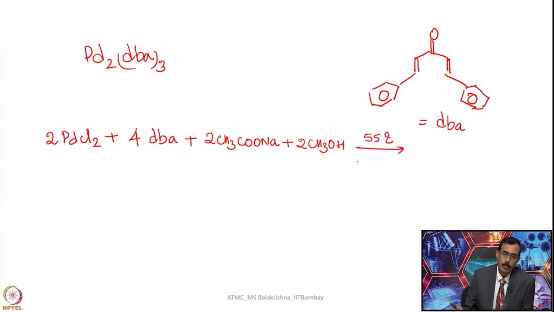If you exceed this temperature, it may lead to some other product or reduction of palladium to palladium 0, and that becomes useless and also reduces the yield of the product. Initially Pd(dba)2 is formed.